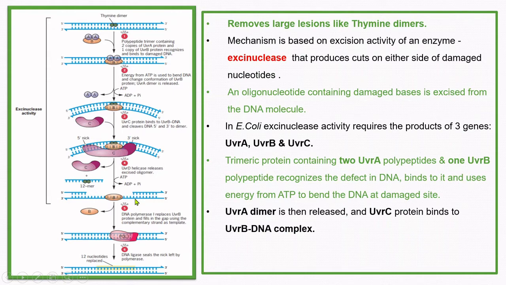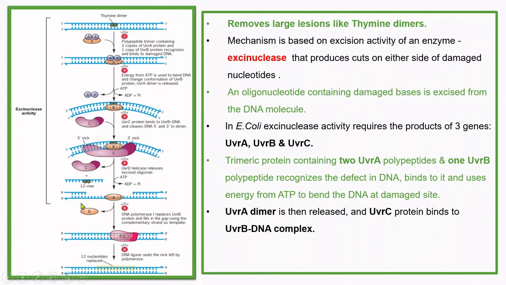So this was the cut part of the mechanism where B and C have made a cut, and this is where polymerase 1 is reading the strand, that is the copy mechanism, and when the DNA ligase seals the cut ends, it is the paste part.